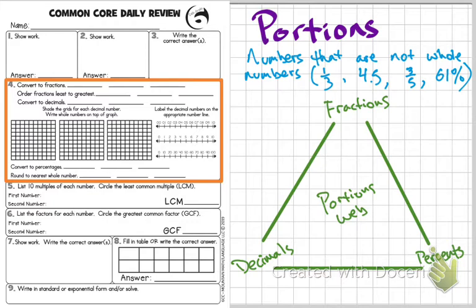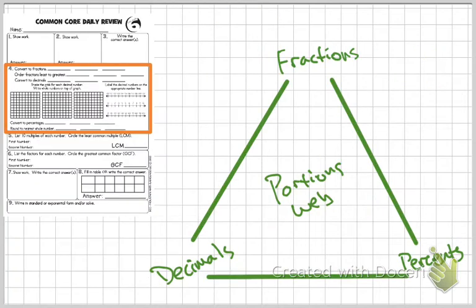So I want to see how I could change a fraction to a decimal. So let's go ahead and look at how we might do this. And I'm going to go ahead and change the page just so that we have a little bit more space here, but we're still talking about question number 4 and our portions web.